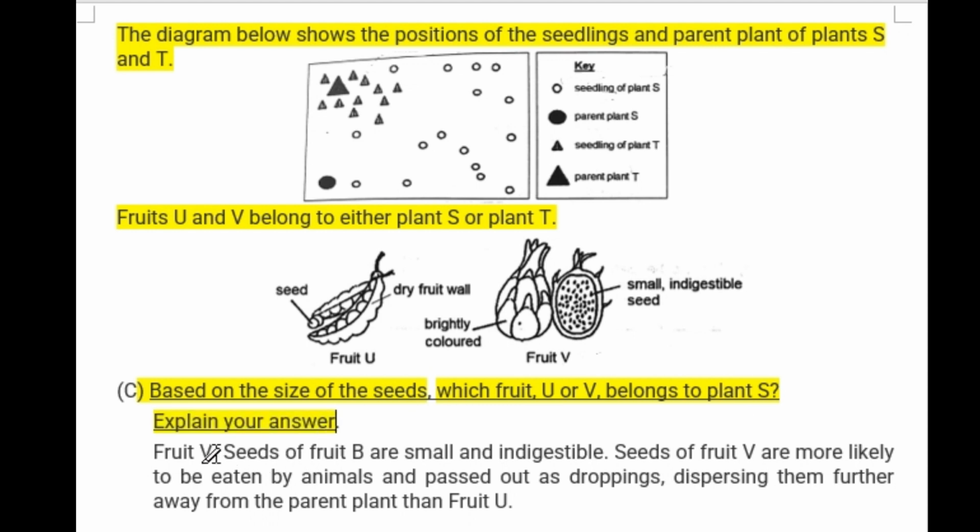Explain your answer. Fruit V. Seeds of fruit V are small and indigestible. Seeds of fruit V are more likely to be eaten by animals and passed out as droppings, dispersing them further away from the parent plant than fruit U.